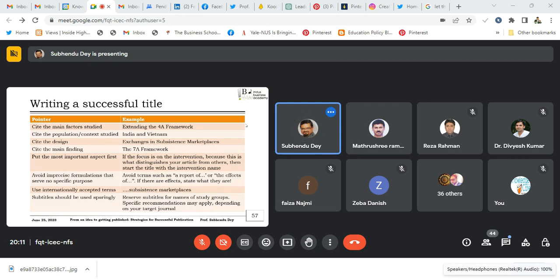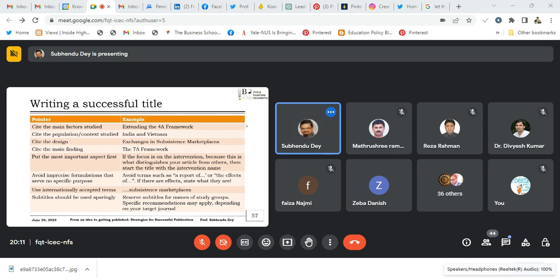Cite the design. The design I'm writing here, exchanges in subsistence marketplaces, is also a part of the title. Cite the main finding. Do you find the 7A framework there? Yes, sir. So if you look at the title, each of these things is covered in the title.